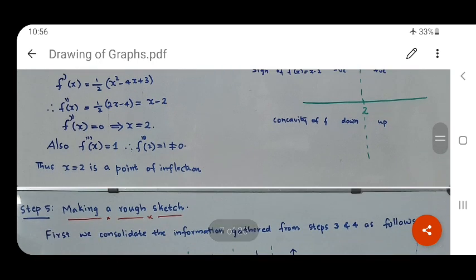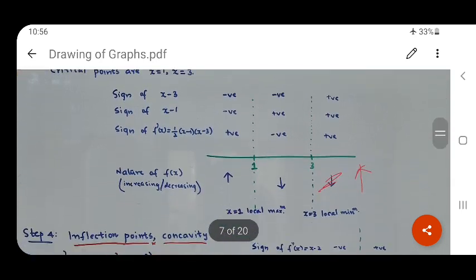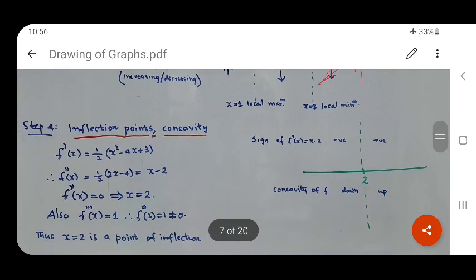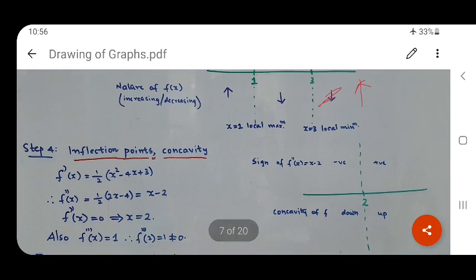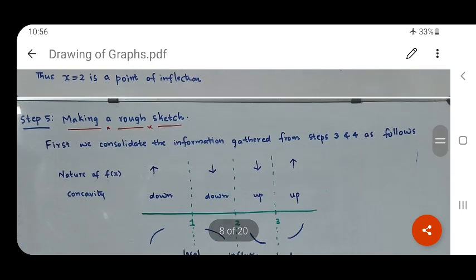Okay, so in step 5 we collect the information from steps 3 and 4 and consolidate them. Like I have drawn the entire real line and marked the points 1 and 3, which are the critical points, and 2, the inflection point, on the real line. So the real line is split into minus infinity to 1, 1 to 2, 2 to 3, and 3 to infinity.